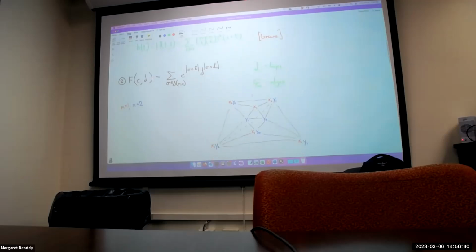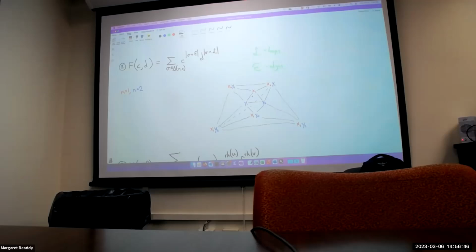The second one is F, which is defined in quite a different way. We look instead at this complex, the non-crossing bipartite complex that we had way back in section 2. So we have these loops and edges. What we do is we take basically the F polynomial for this complex, except I have these 2 different types of elements in my ground set, and I'm going to count them differently.